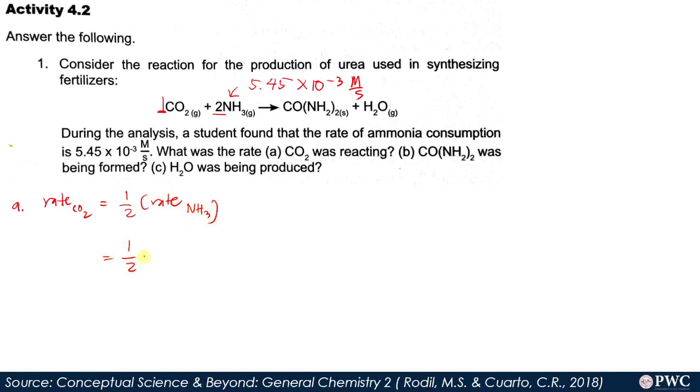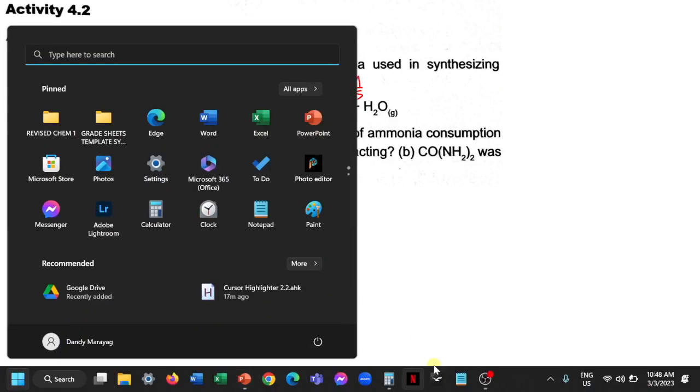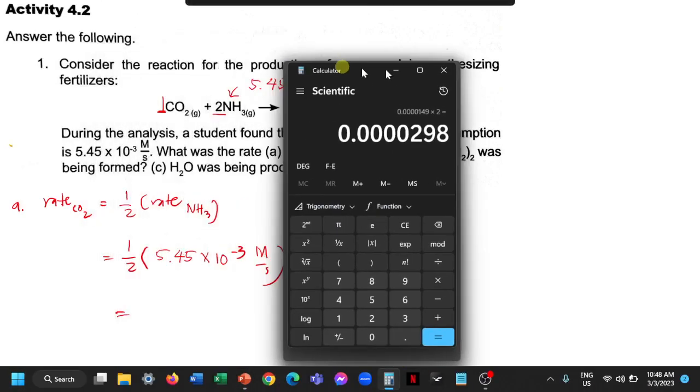So 1/2, again, the rate of ammonia is given, that's equal to 5.45 times 10 to the power of -3 molar per second. So actually there's a shortcut here, so just divide this one.